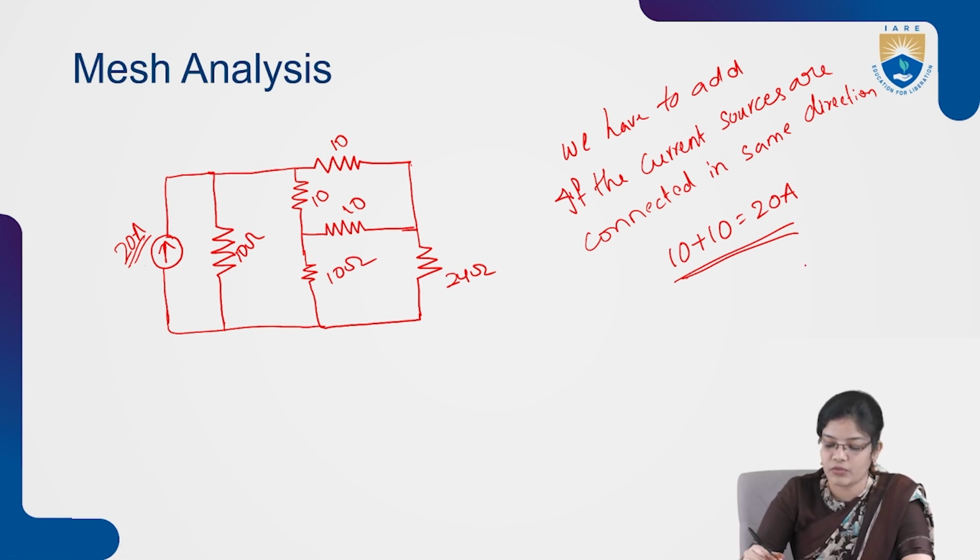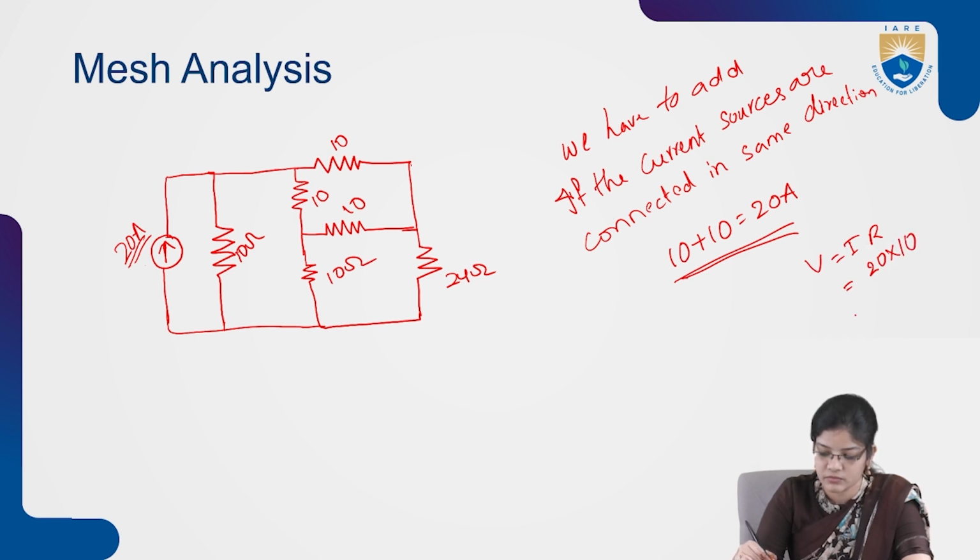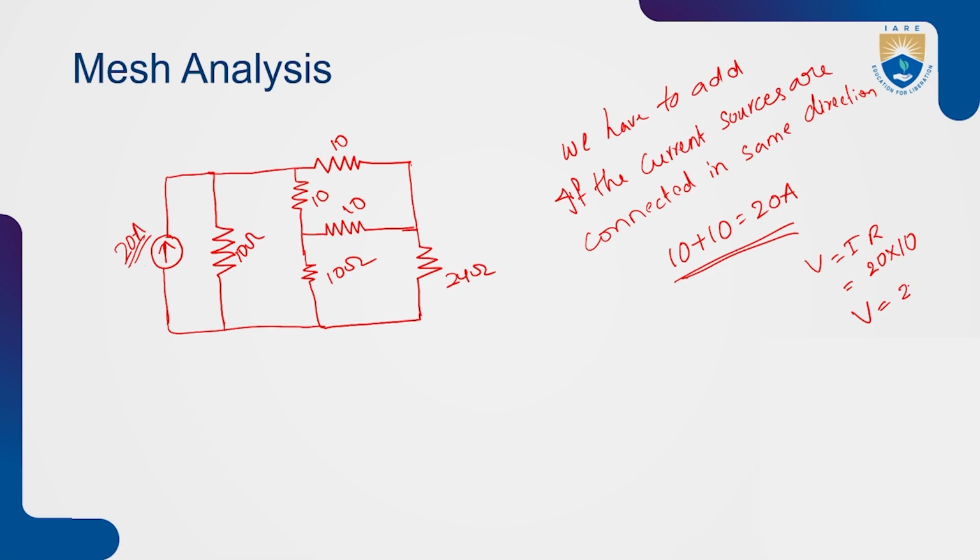For this we use the formula V is equal to IR. The value of I is 20 and the resistance value is 10, so the value of V will be 200 volts.